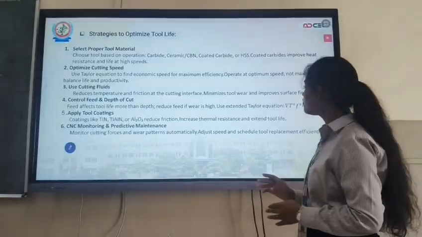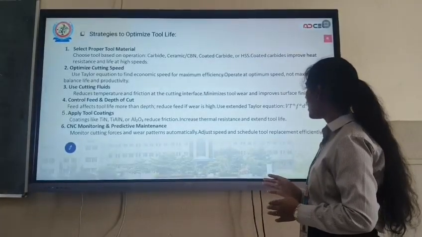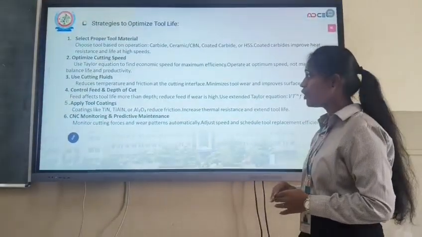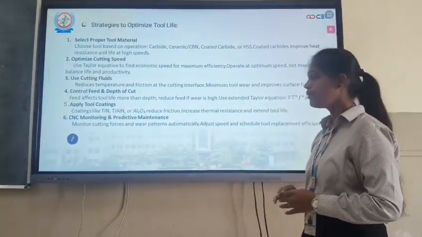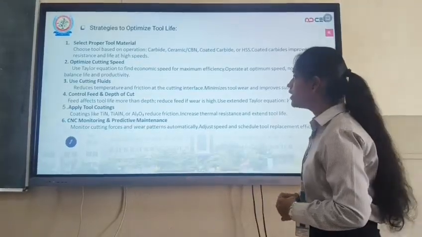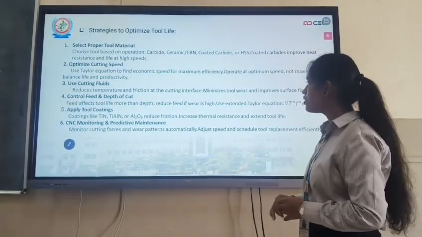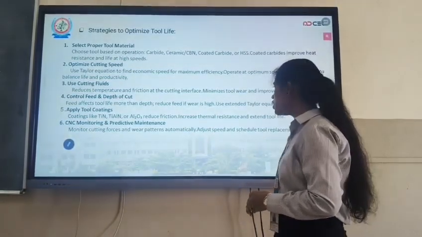They minimize tool wear and improve surface finish. And the fourth point is control feed and depth of cut. Feed affects tool life more than depth. Reduce feed if wear is high.